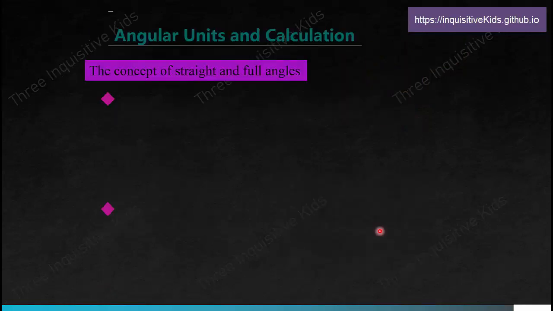Angular units and calculation. Now here's the hard part you probably haven't heard about before. Before we get into this, I need to ask you a question. Have you ever measured angles before? You probably have. You probably encountered something like it. And what was the unit you were measuring in?